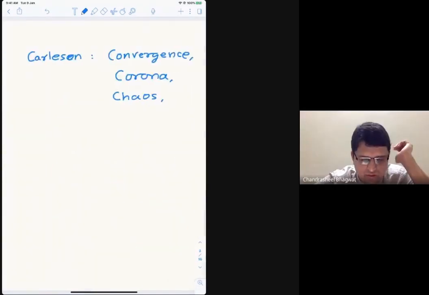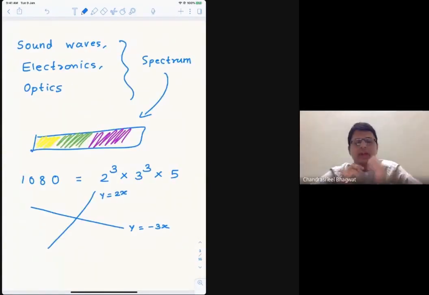So that was not really about the linear algebraic part of the spectrum. The relation is something like this. This is possibly going into a very long discussion, so I'll try to be brief. I'll take help of the picture drawn at the bottom. Here I've written some equations, y equal to 2x and y equal to minus 3x, which are polynomial equations.